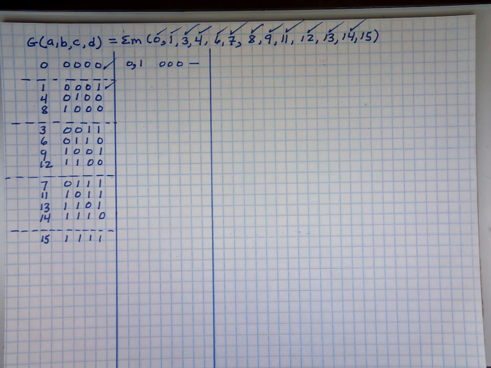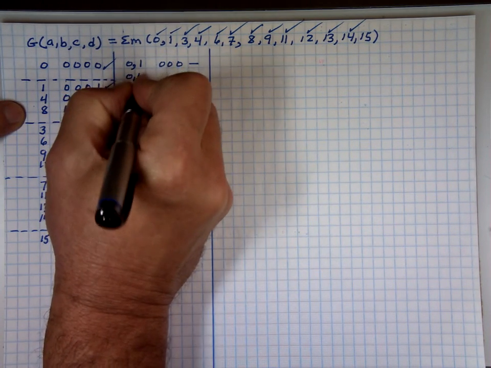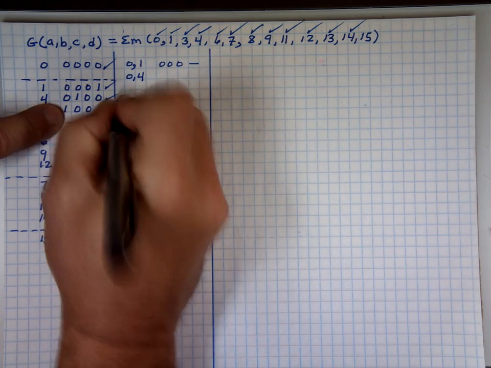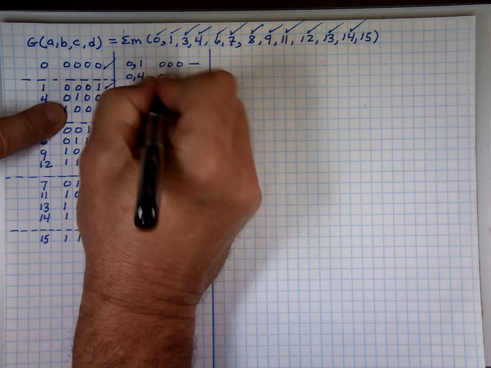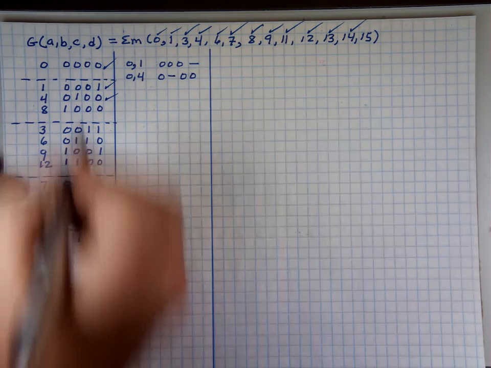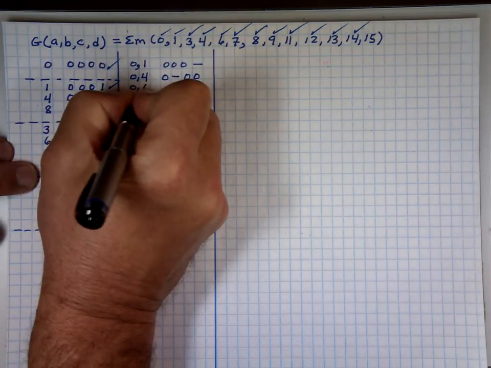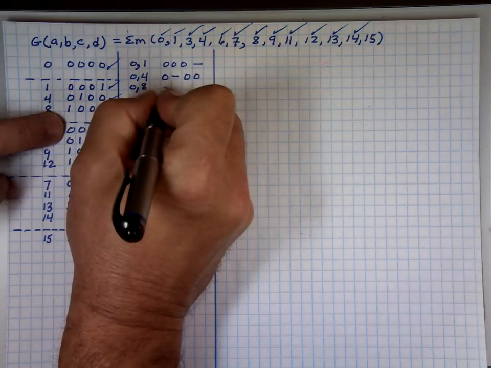Zero, 4. Check mark next to 4. 0, dash, 0, 0. 0, 8. Check mark next to 8. Dash, 0, 0, 0.